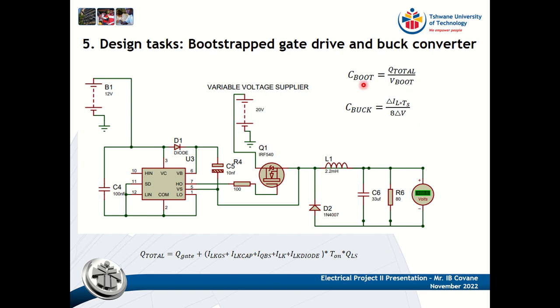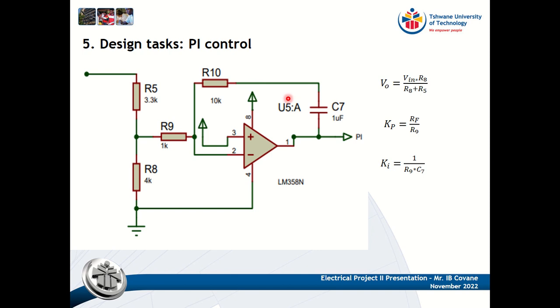If we go back to the bootstrap capacitor, I used the total charge over V boot. The total charge formula here is the gate drive times all these currents times time on times the charge of LS.